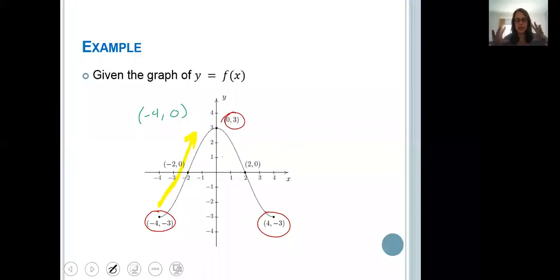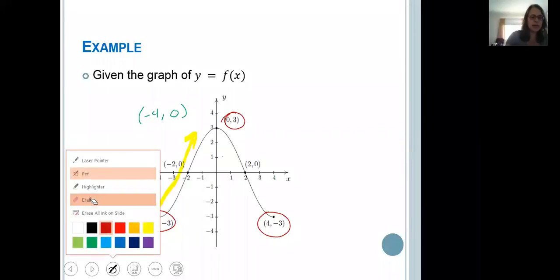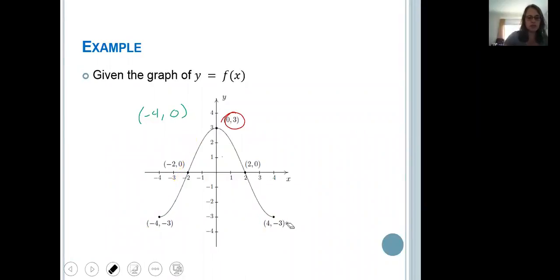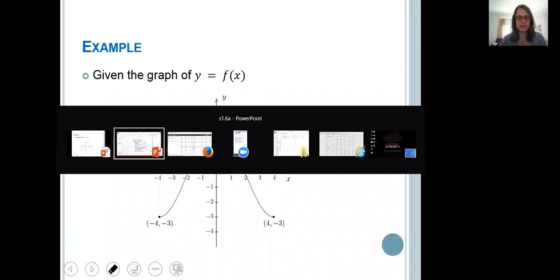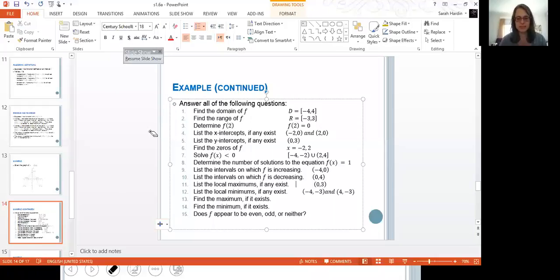If you think about the whole total domain of the function, we're talking about the highest point in all the functional universe for this function. This function has a single maximum point. It is the same as the local maximum, which is 0, 3.